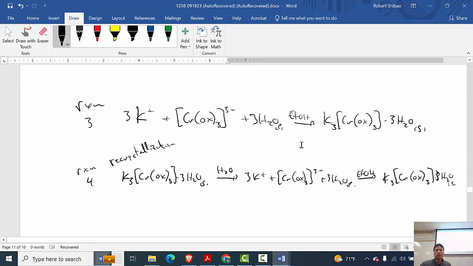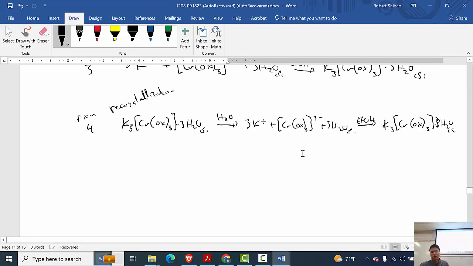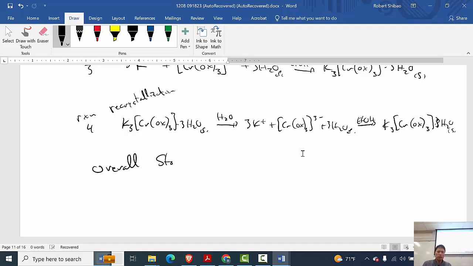It's a bit of a hassle to do the stoichiometry according to each step. And so we're going to do it overall.